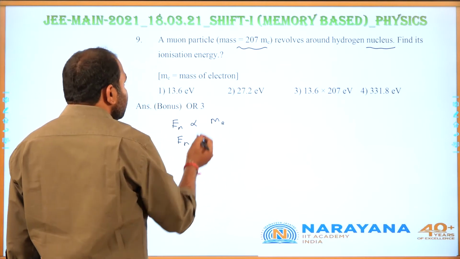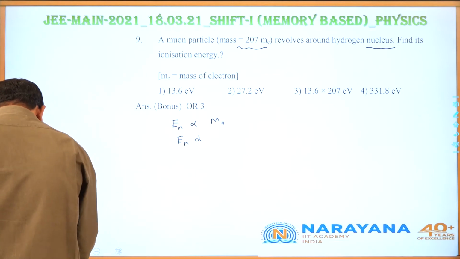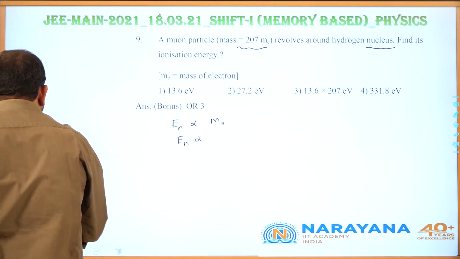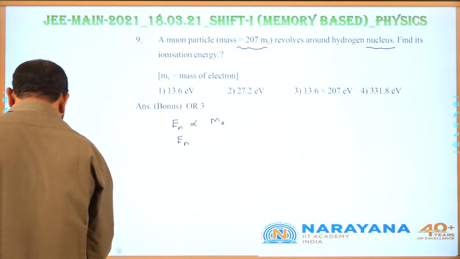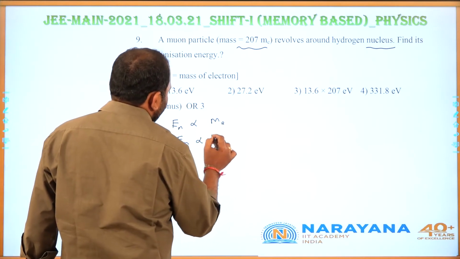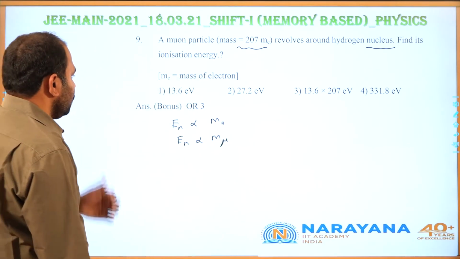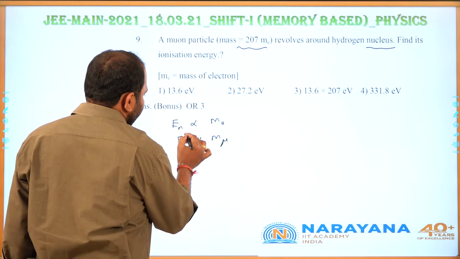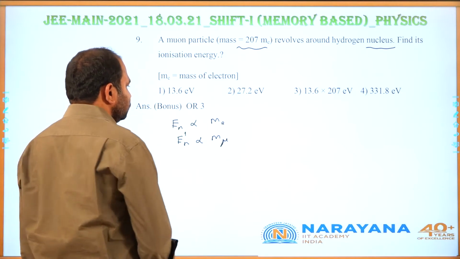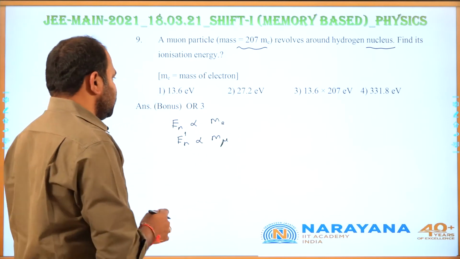mass of electron. Similarly, in the second case, it is proportional to the mass of muon. Let it be En prime. If you neglect the motion of the nucleus, this is the situation.